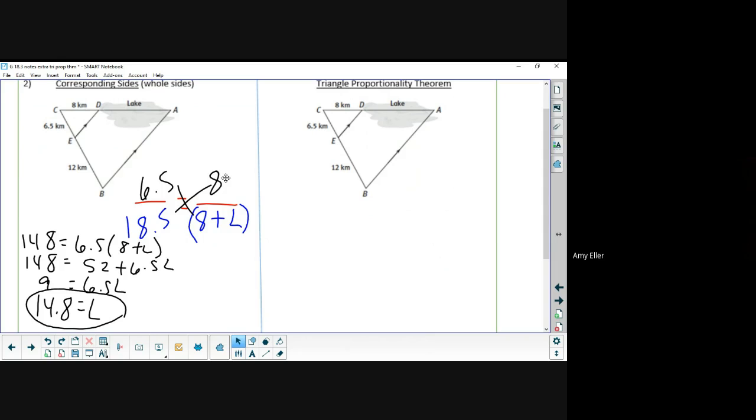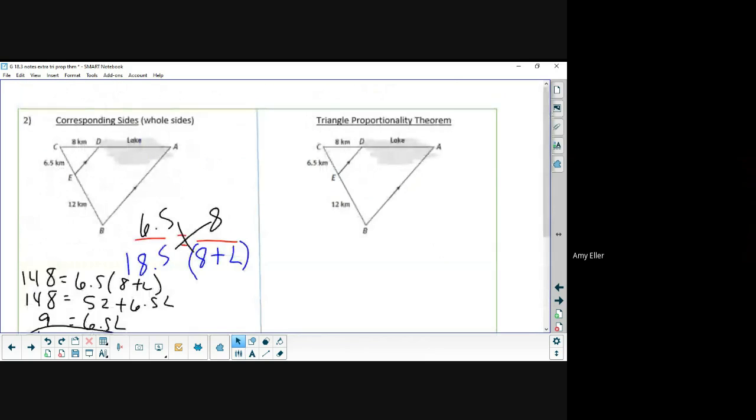Questions on 2. We're going to leave this side blank for a minute, and we're going to go to number 3. Number 3 has the same picture, so let's mark angle C. That was your reflexive angle.